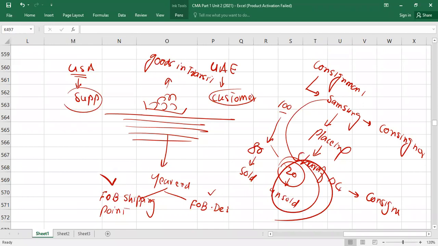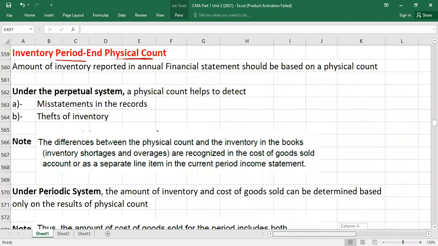Okay, got it? And do you record inventory at sale price or at cost? Cost. So you pick 20 items and multiply by their cost. Don't multiply by their sale price. Understood? So let's understand these three terminologies.